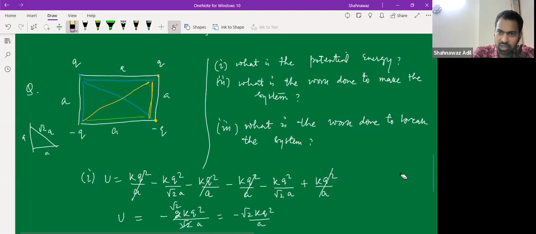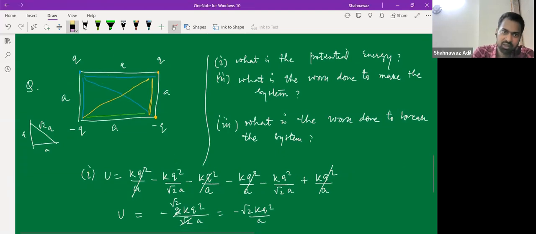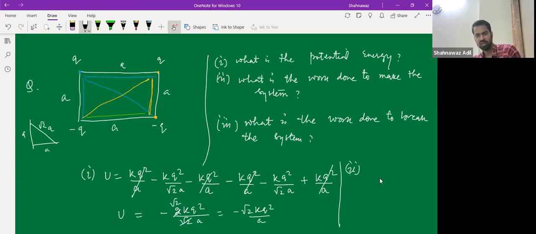Yes. So please quickly note it down. And work done to make the system: potential energy is defined as the work done to make the system. So W would be U, and this is again minus root 2 kq square by A. And then the third one, to break the system.